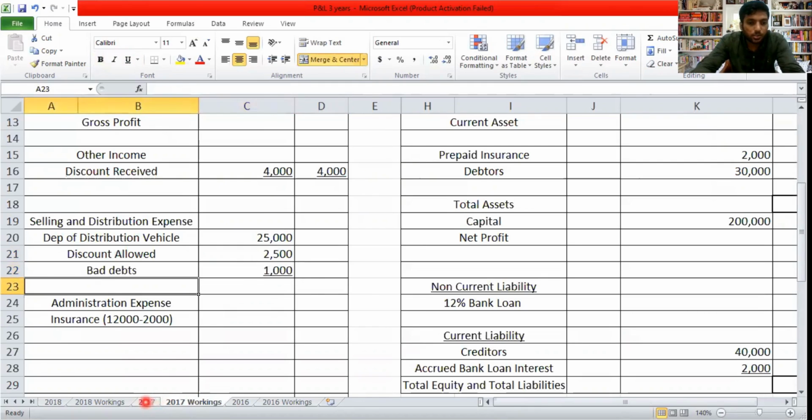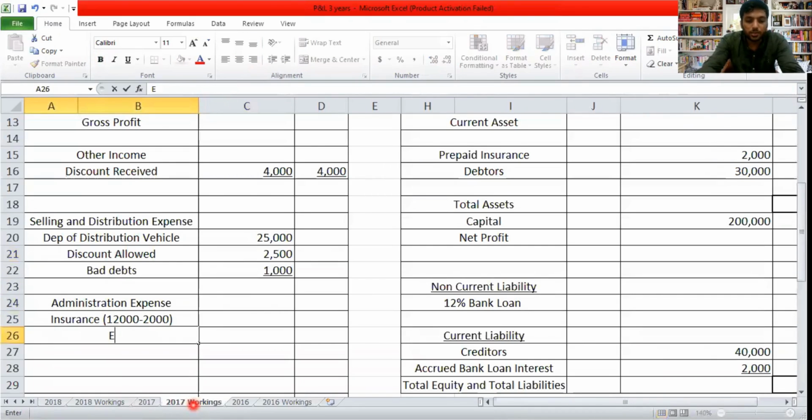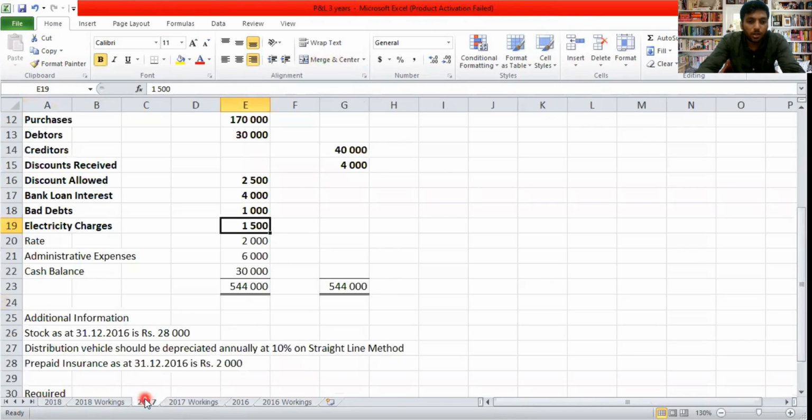Then I have electricity charges. It's an administration expense. So I'm going to take administration expense 1,500. Electricity. I record that also, 1,500 electricity. Then what else do I have? I have rates 2,000.